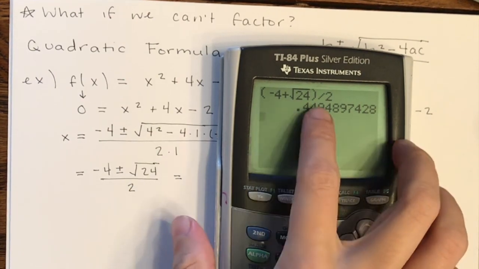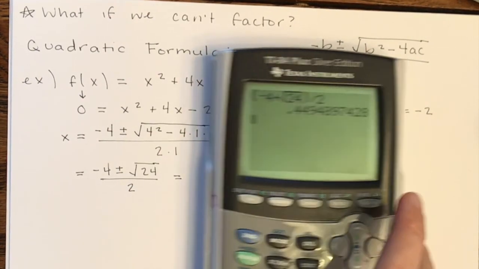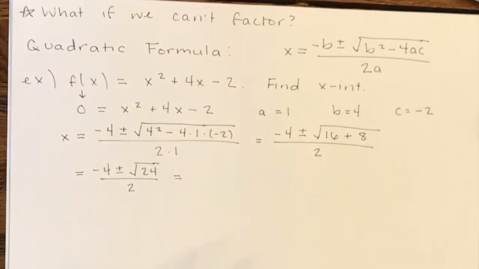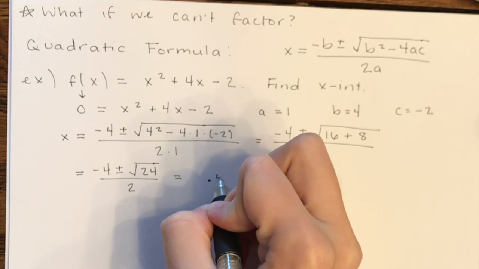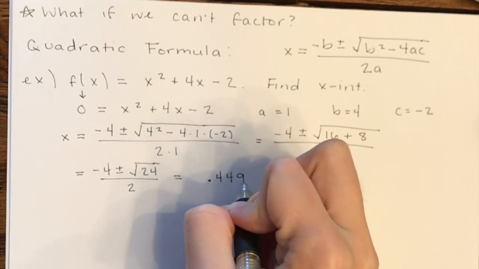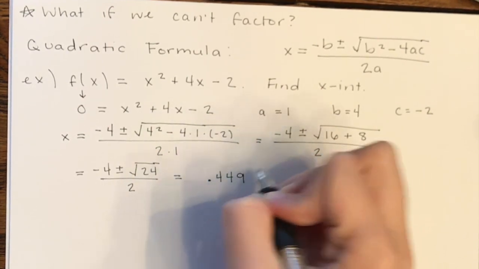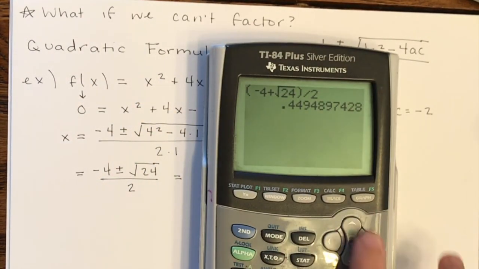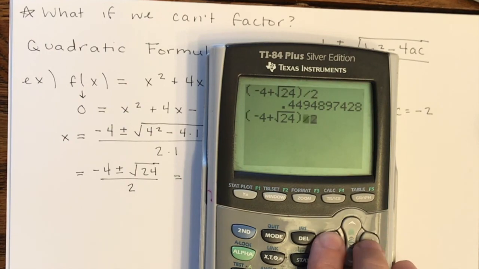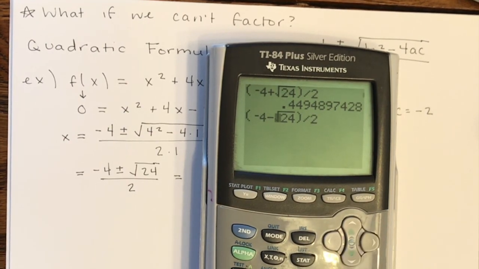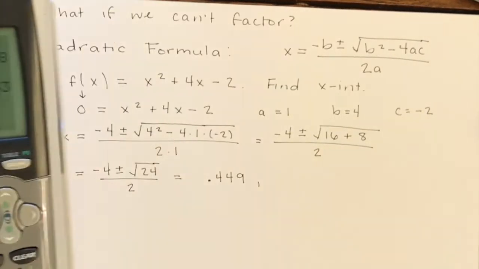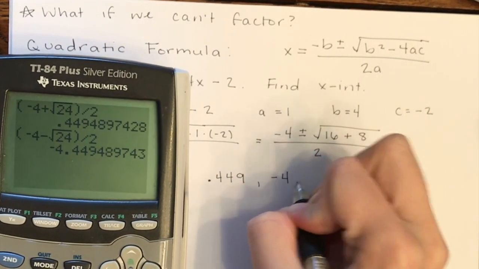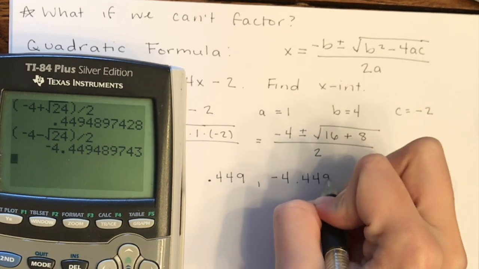When I add the square root of 24, I get 0.449. And when I do the same thing, but I subtract the square root of 24, I get negative 4.449.